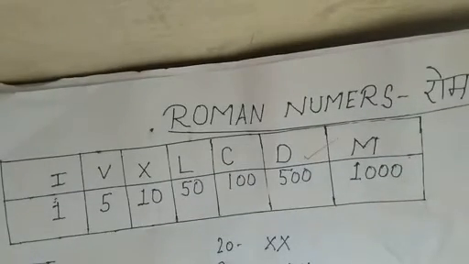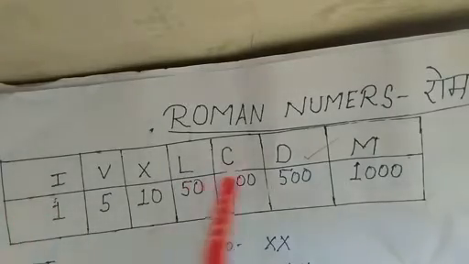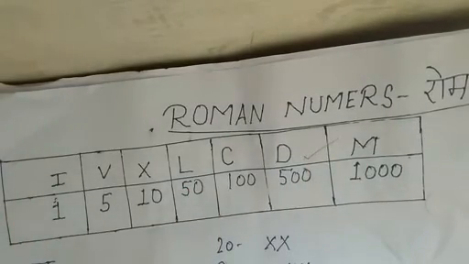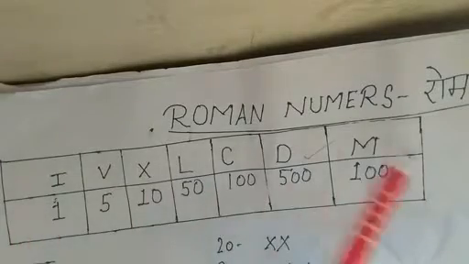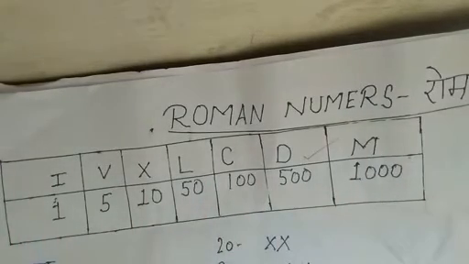तो एट फर्स्ट वी वांट टू टेल यू कि रोमन न्यूमेरल्स बेस्ड ऑन these 7 symbols. Means by the help of these 7 symbols we can create all type of Roman numbers. What are these symbols?